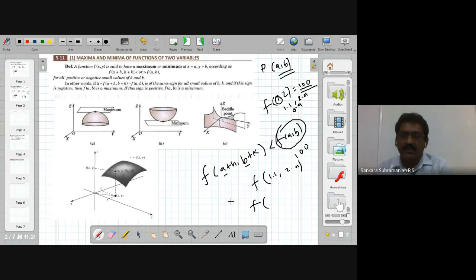Even if you go with negative changes, say 1 minus a very small value, for example f of 0.9 comma 1.999, you will get some value.